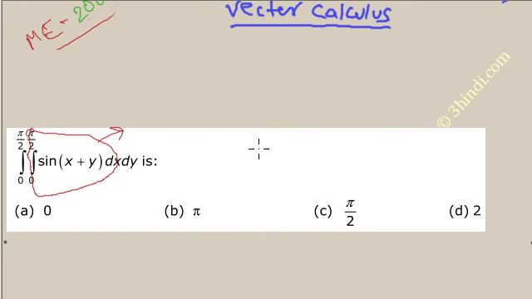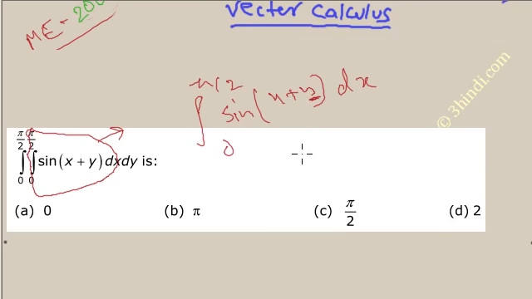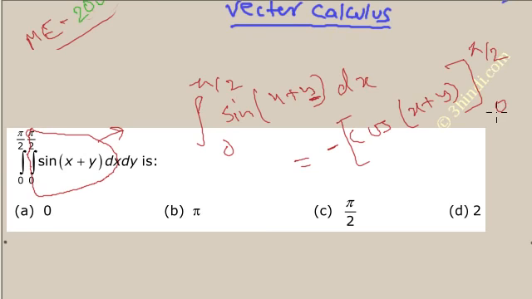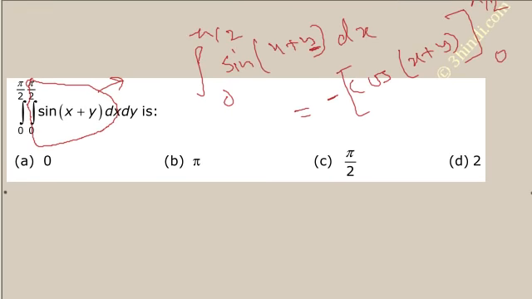If you integrate sine of x plus y dx with respect to x from 0 to pi by 2, treating y as constant, you will get minus cos of x plus y, from pi by 2 to 0.